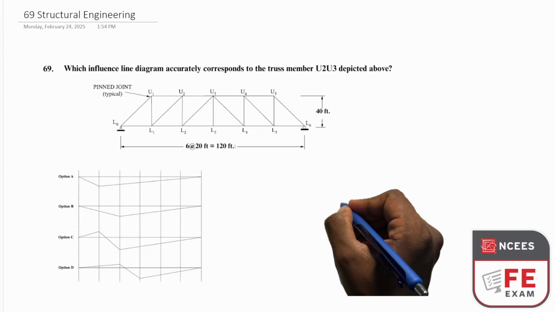So as you take the point load to U2, that's when the influence has increased even further because the point load is here. That means there is force directly transferring from L2 to U2 and L2 to U3 as well. So this is definitely more than what we experienced at L1.